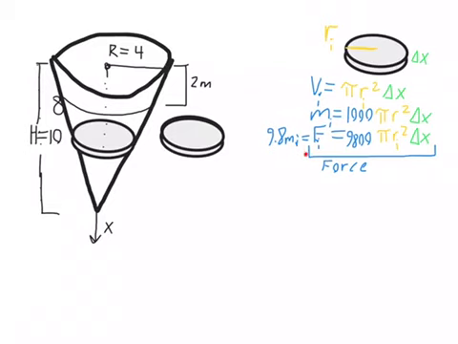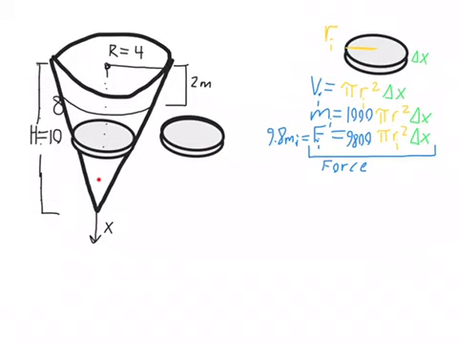So this is force. To calculate the overall work required to move all of these hypothetical little disks out of here is basically going to be the summation of all of the individual forces multiplied by the distances that each one of them has to move. And each one of these disks, starting from the top, has to move progressively further and further.